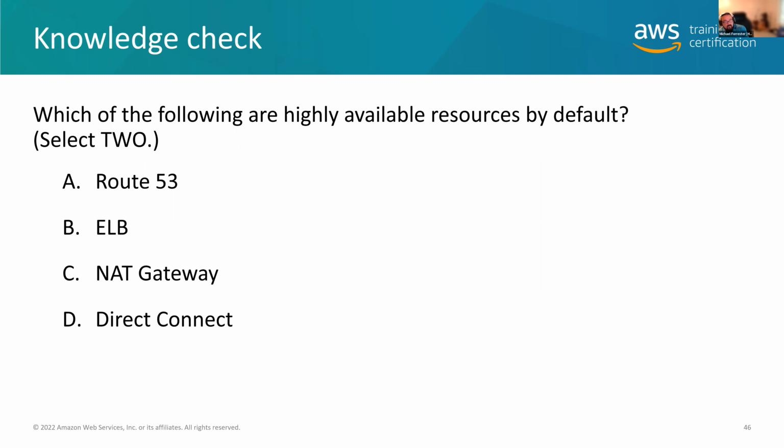So Route 53 is globally available, highly available because it's got 100% SLA, right? ELBs run across an entire region, right? Because they're virtual devices that literally stick network cards in all the availability zones. So they're highly available. And NAT gateway, by the way, is tied to the availability zone it's in. They do not span availability zones. And Direct Connect is a single connection. So it is not highly available by default. That wire gets cut, you're done.